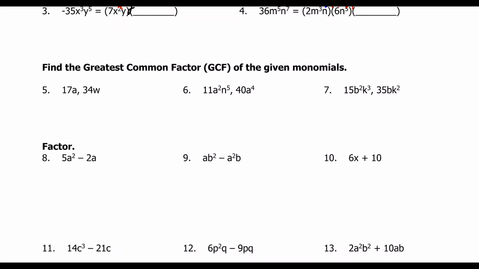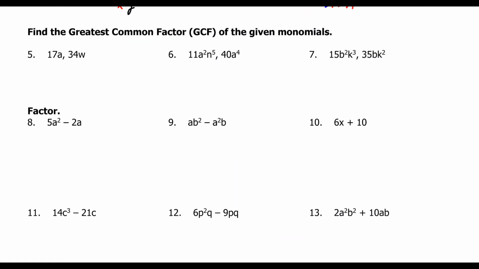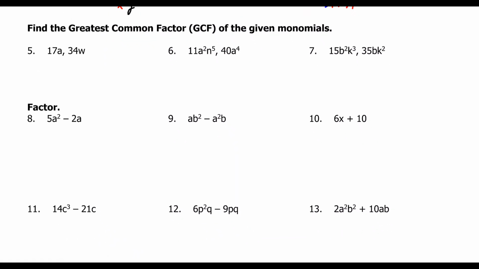Alright? Now, number 5. Okay? It asks us to find the greatest common factor of the given monomials, all right? Now, here's the thing, okay? Greatest common factor, there's a couple of ways to go about finding them, but the best thing that you can really do is to be able to see them and just look at something and be able to go, boom, I know what that is.